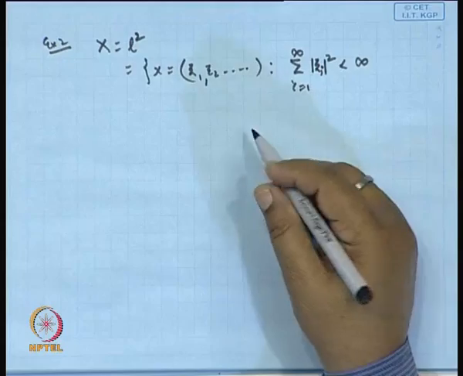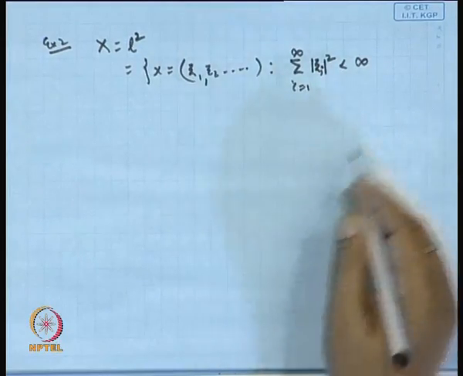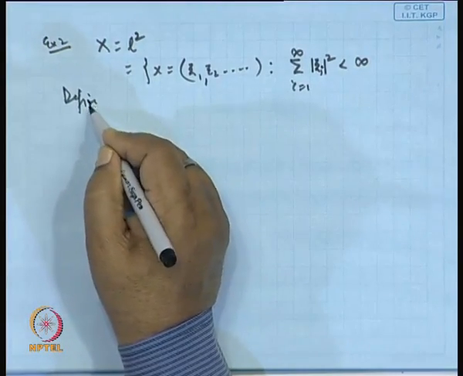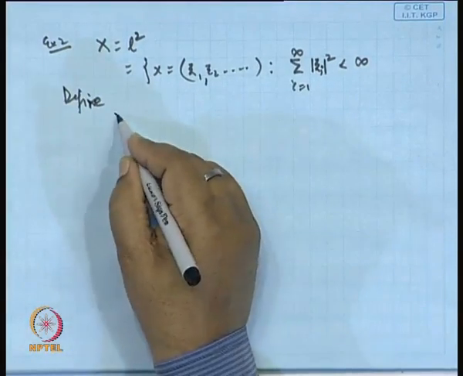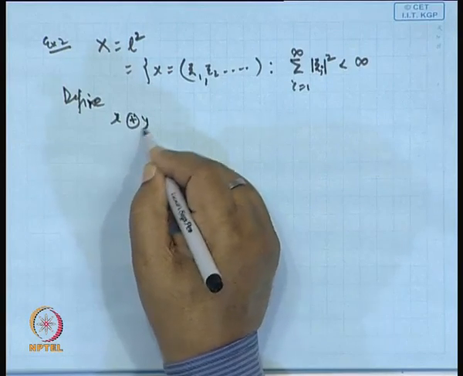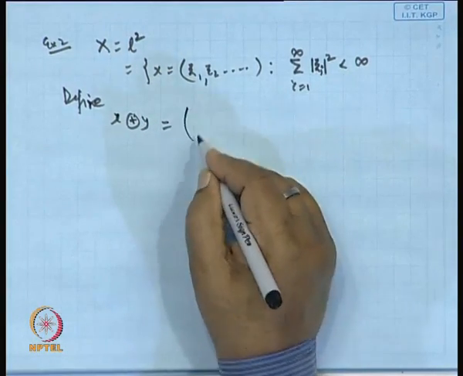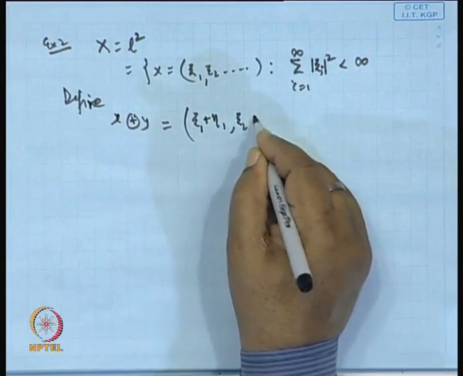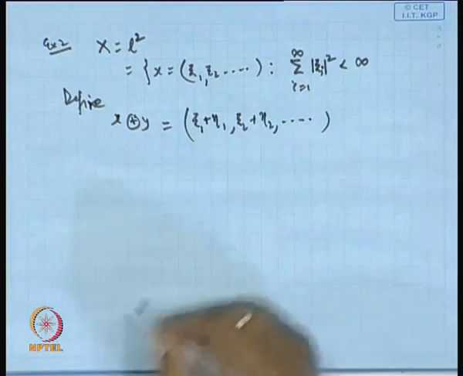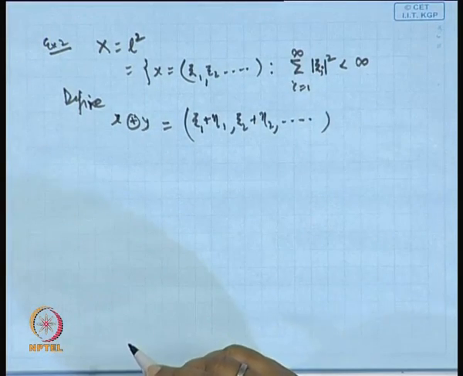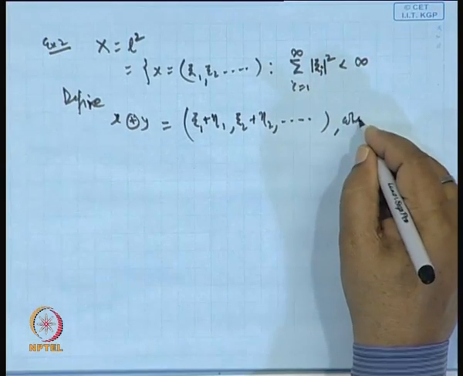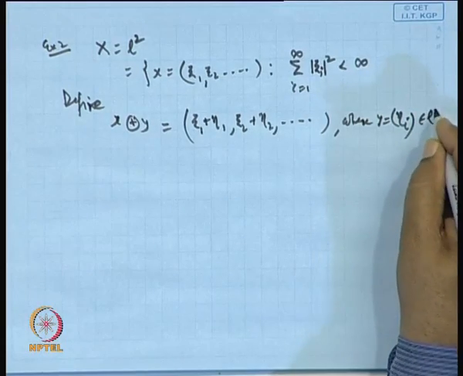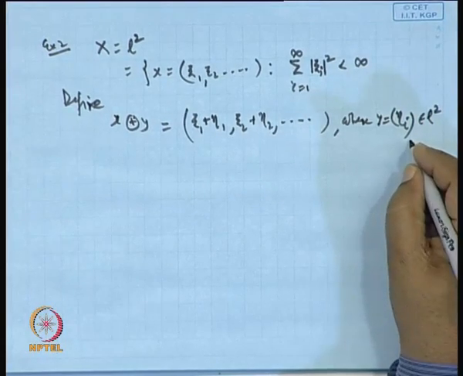So, when you are choosing these sequences in L2, define the structure x plus y as xi1 plus eta 1, xi2 plus eta 2 and so on, where y means eta i belonging to L2, i is 1 to infinity.